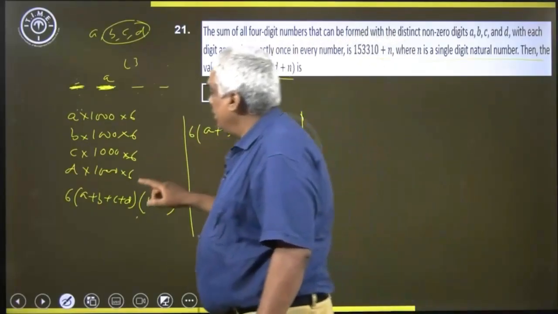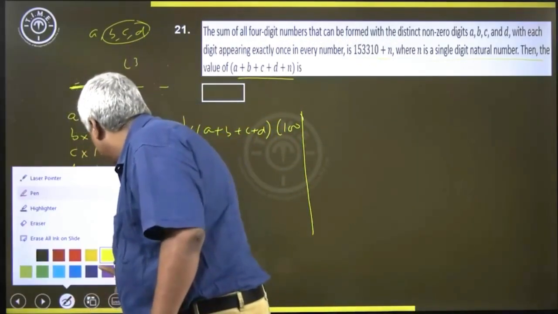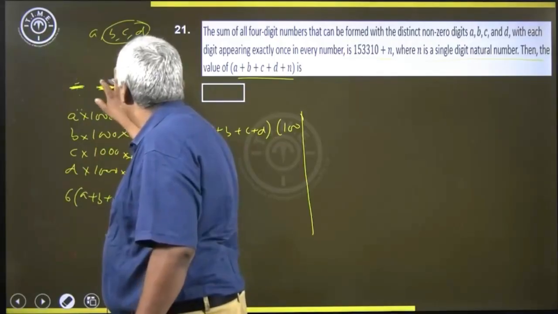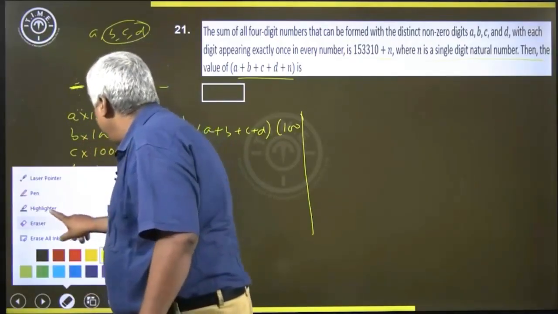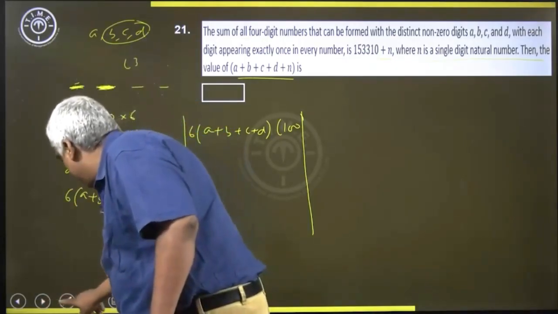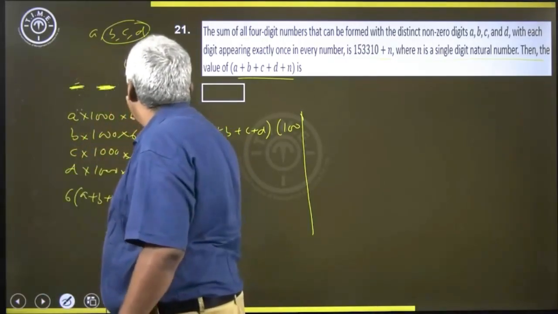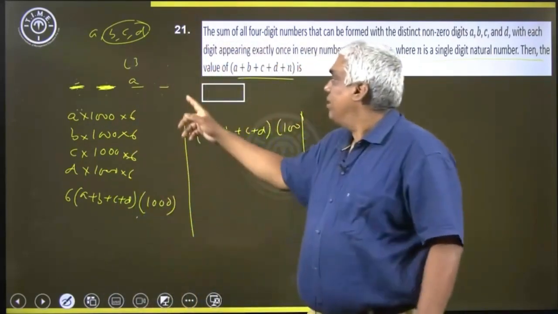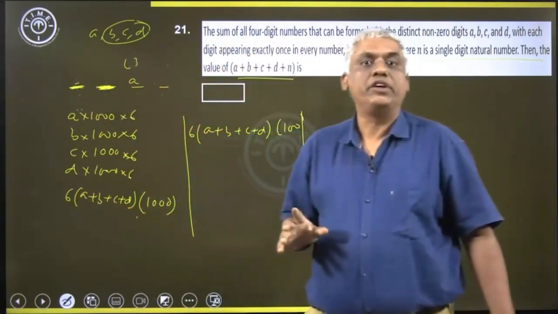Now similarly, A will appear at the tens place, and again the other digits B, C, D can be arranged in factorial 3 ways, 6 times.